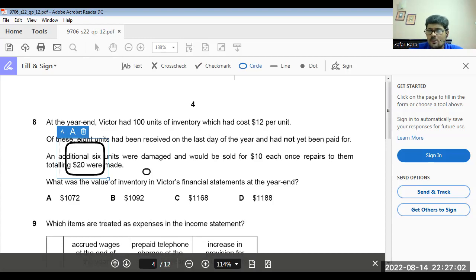So total $32 we have to suffer. It means our inventory value is 100 units multiplied by 12, which is 1,200, minus $32. So 1,168, option C is the answer. Getting my point clear? Okay, now come to question number 9.